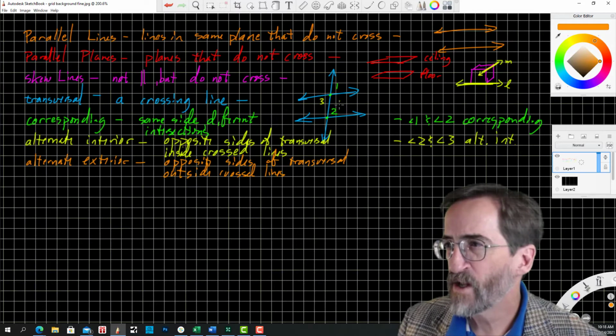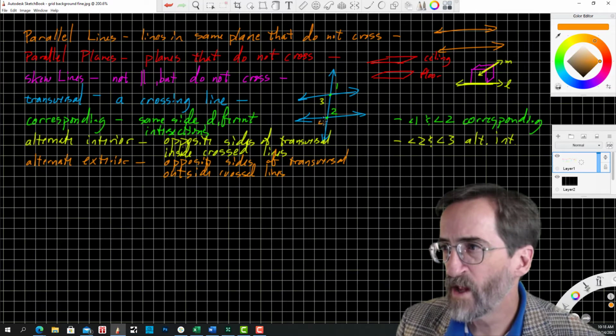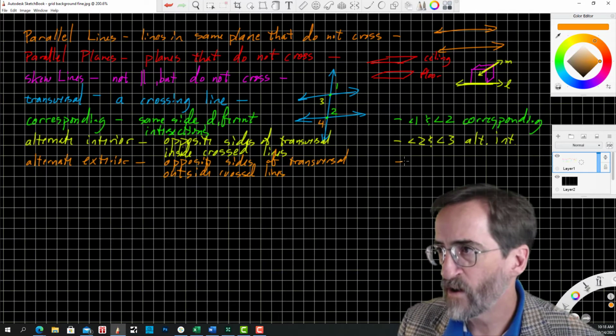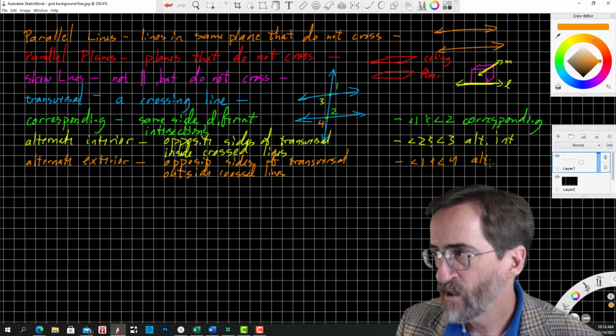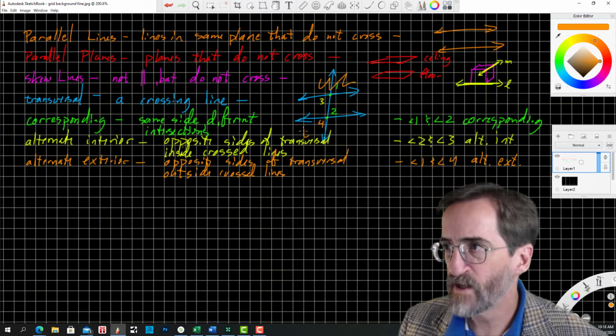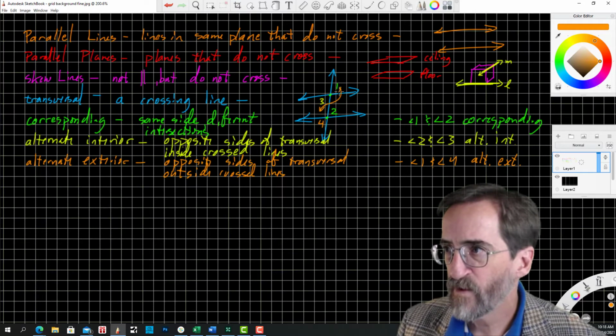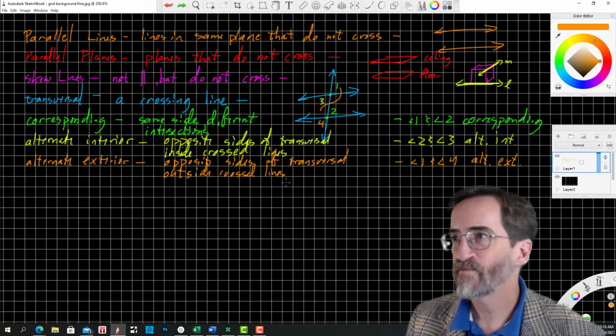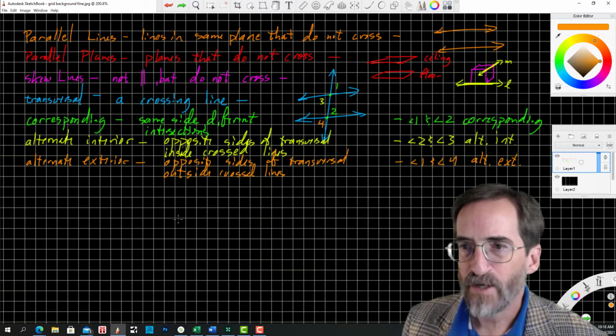Okay, if I add a number here, angles 1 and 4 are alternate exterior. Angle 1 and angle 4 are alternate exterior angles. They're outside the crossed lines, and they're on opposite sides of the transversal. One's on the right, one's on the left. Alternate exterior.